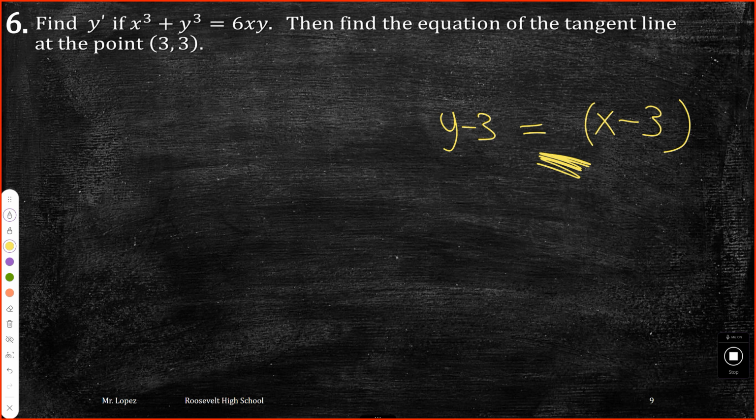All right. Let's do the d/dx of this whole thing. d/dx of that: 3x squared plus 3y squared dy/dx. This one is going to be the product rule.